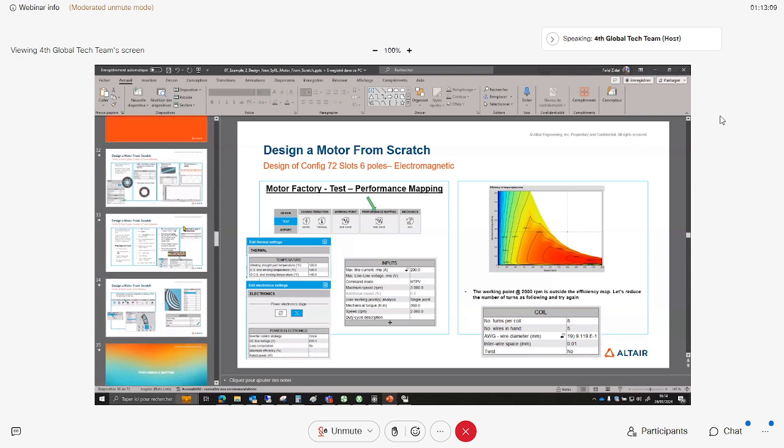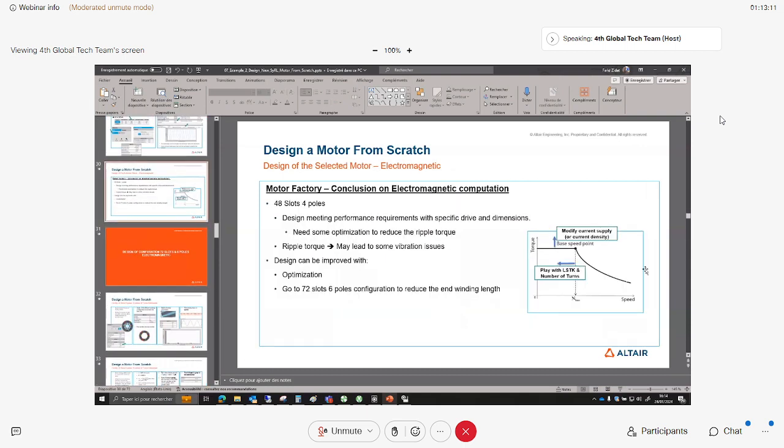If I come back to this, we said that we can play on the shape of the contour of the efficiency map. So to move this point horizontally, you need to play with the number of turns, or to play with the length of the machine.